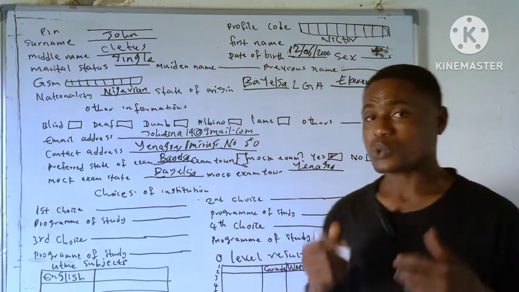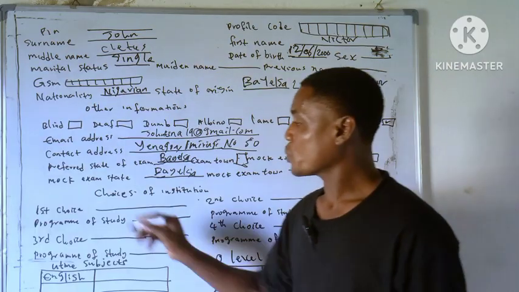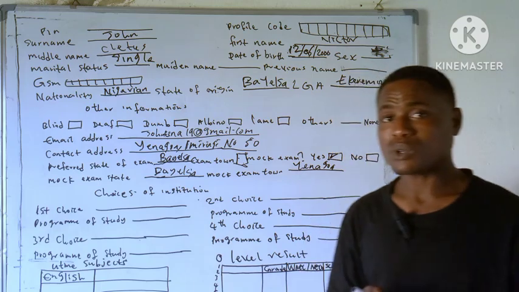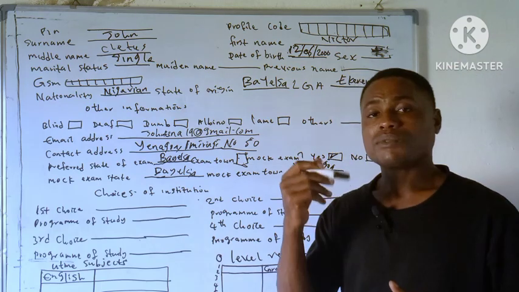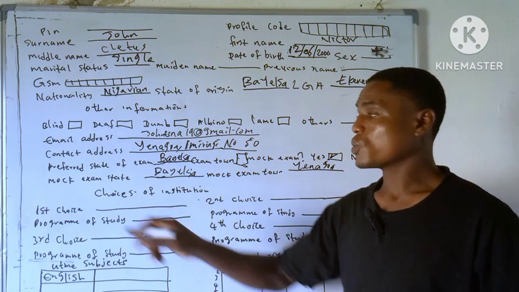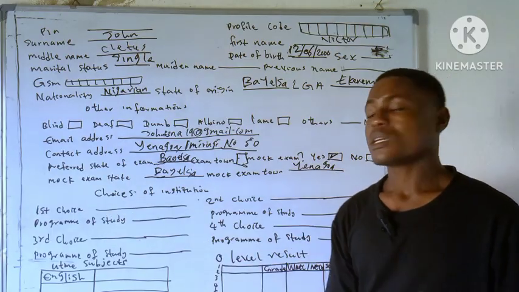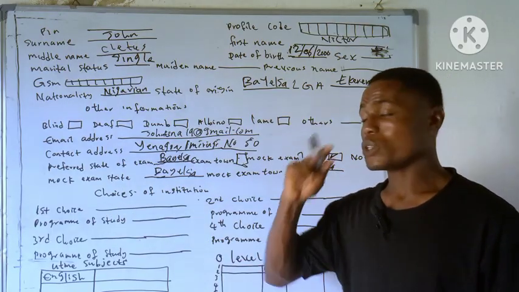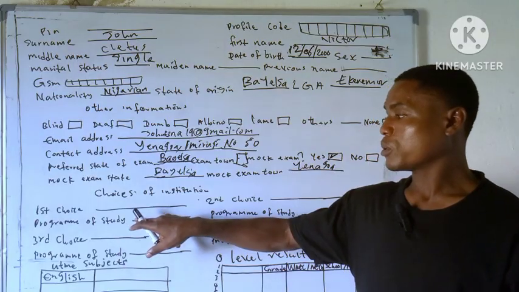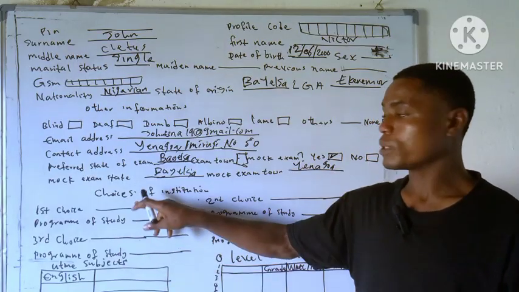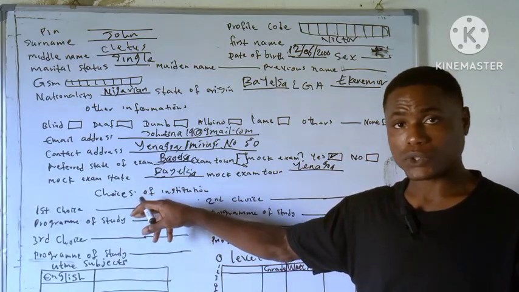Let's say Uniport. If you want to study at Uniport, make sure Uniport should be in your first choice. If you want to study in Uniben, make sure Uniben should be at your first choice.